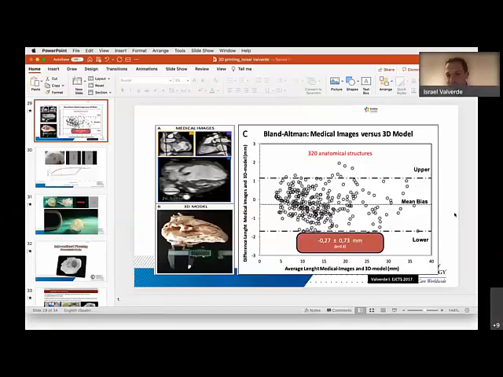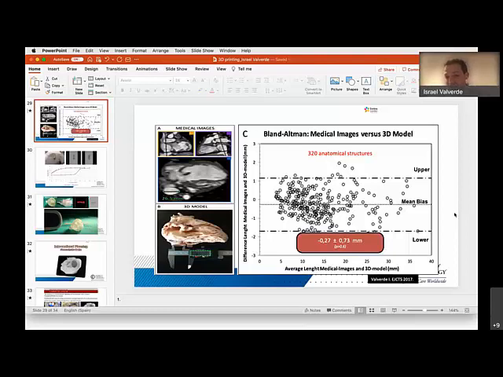Thank you, Rafael, for the question. Can I share some slides? It's in the task, particularly in the interventionalist meetings. So we did a study and we compared 320 anatomical structures in children and small kids and also in adults, comparing the size of the SVC in CT, MRI, and compared to the 3D printed model.